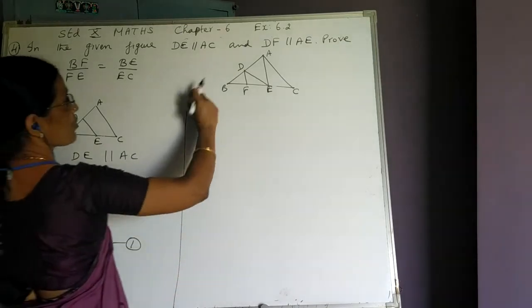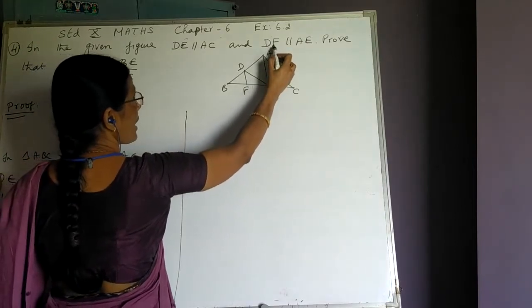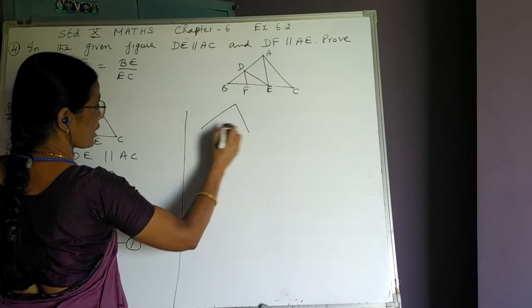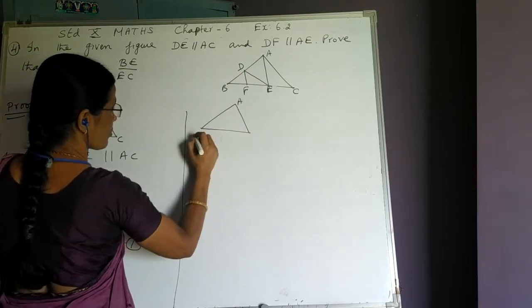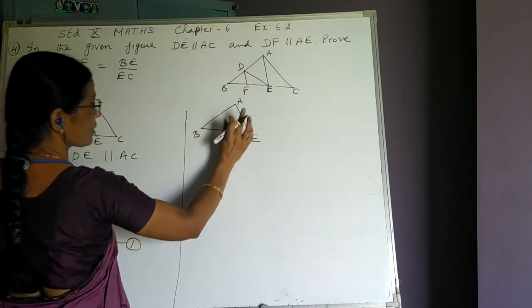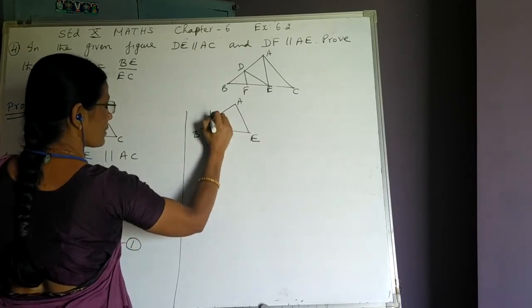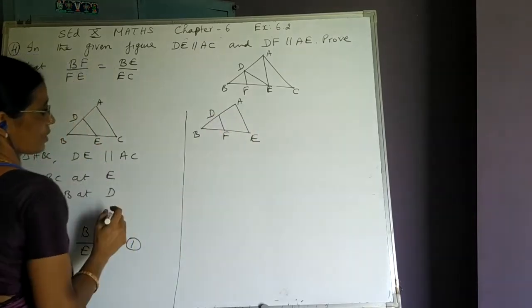I am going to take another triangle in which DF is parallel to AE. So which triangle should be taken? ABE should be taken. Not ABC. Understand? ABE. We want DF parallel to AE.